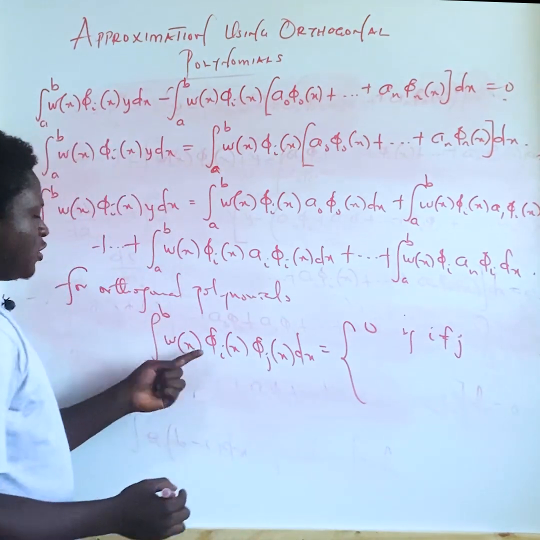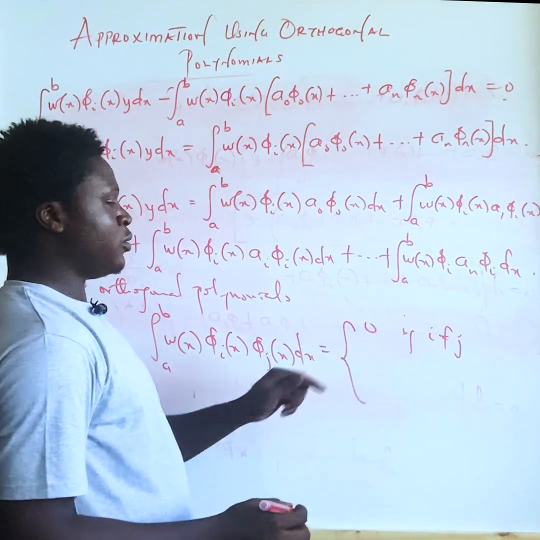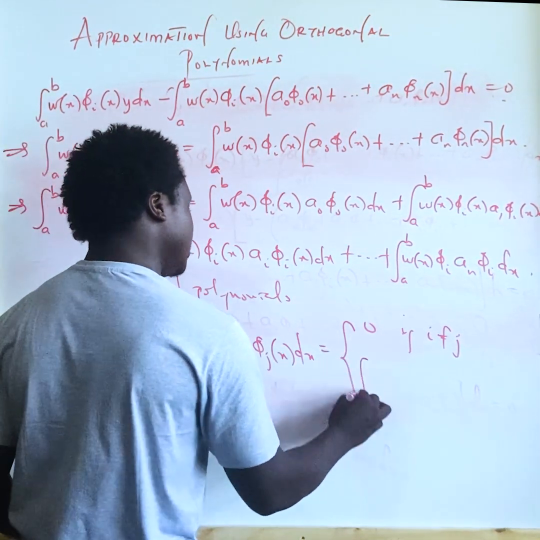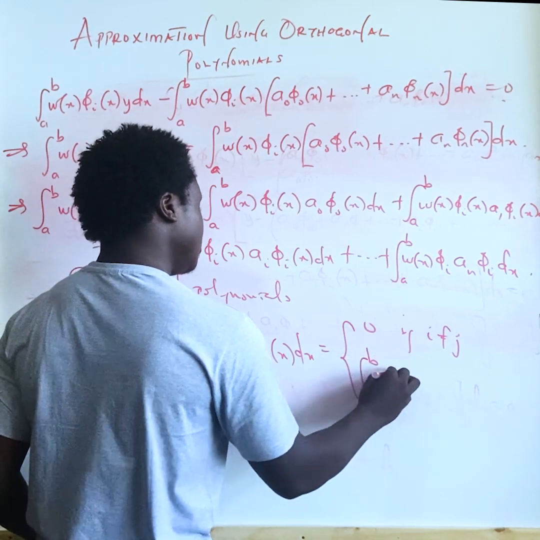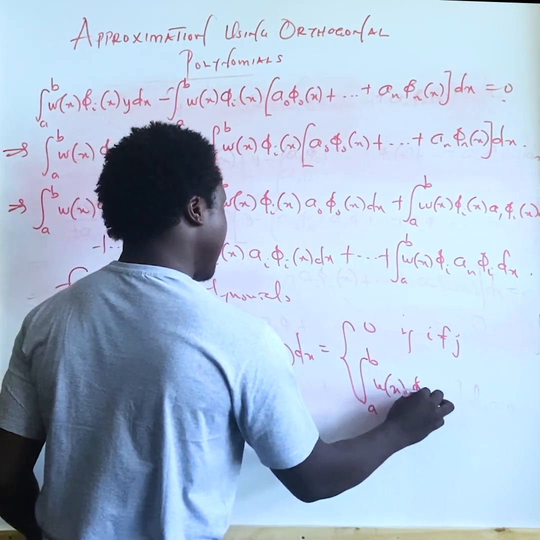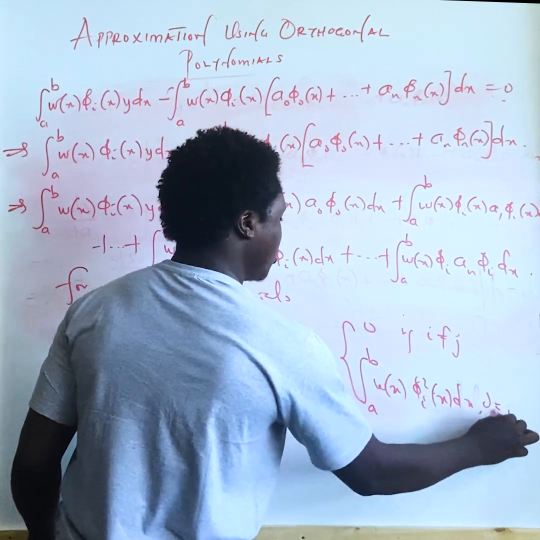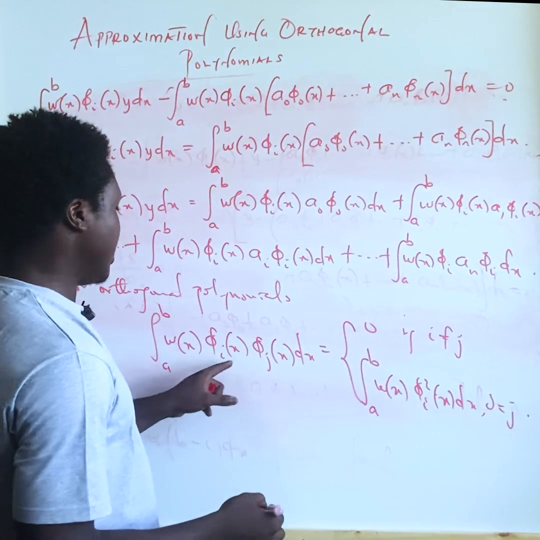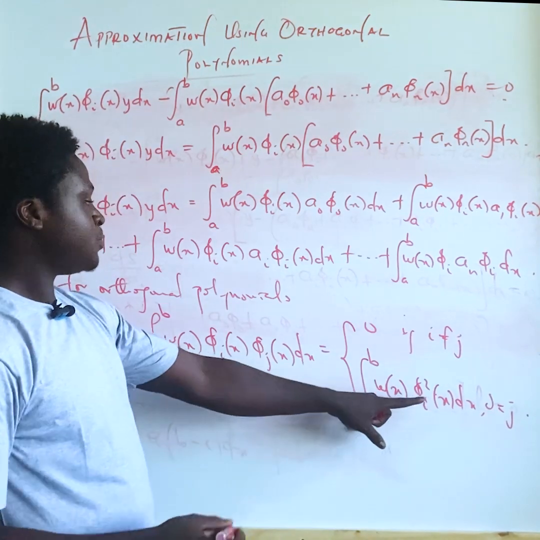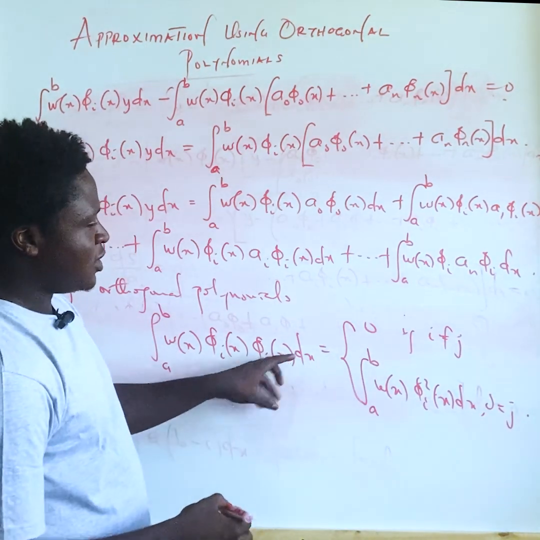That is, if these two are different, then it should be 0. But we'll be having it to be integral a to b omega x phi_i square of x dx if i equal to j. This is very, very logical. I'm multiplying these two, so it becomes phi_i square. But when they are different, we get 0.